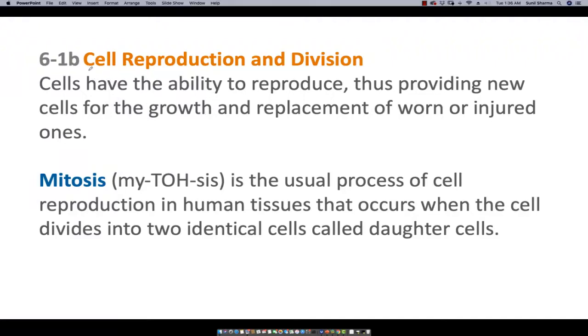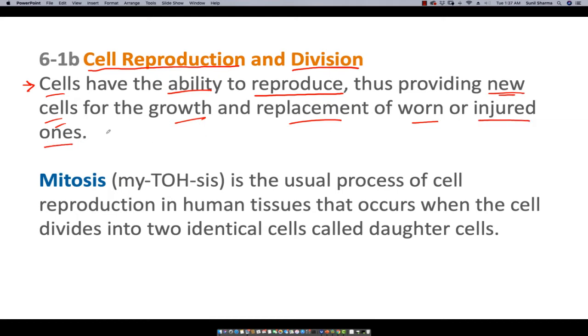Now we talk about cell reproduction or cell division. And just an introductory idea is that cells have the ability to reproduce, thus providing new cells for the growth and replacement of worn or injured ones.